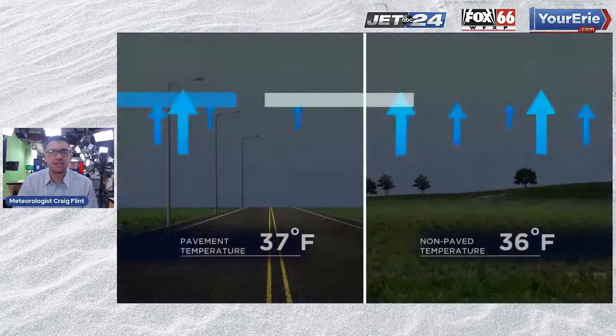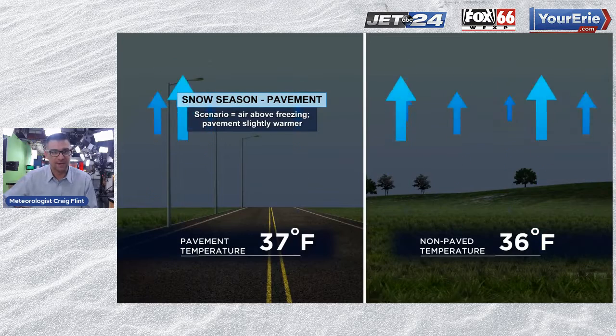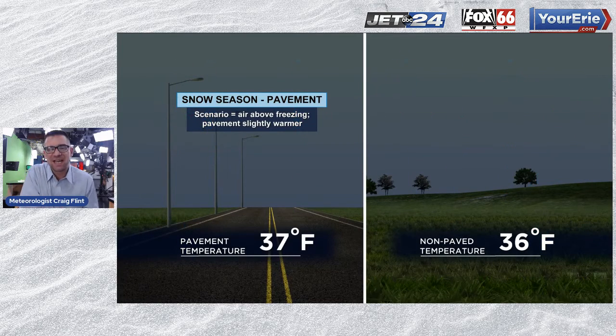The other thing I wanted to discuss is the difference between grassy surfaces and pavement, because pavement can absorb warm air better than, say, unpaved surfaces like grassy surfaces, right? So that will keep the pavement kind of warmer than, say, a grassy surface.